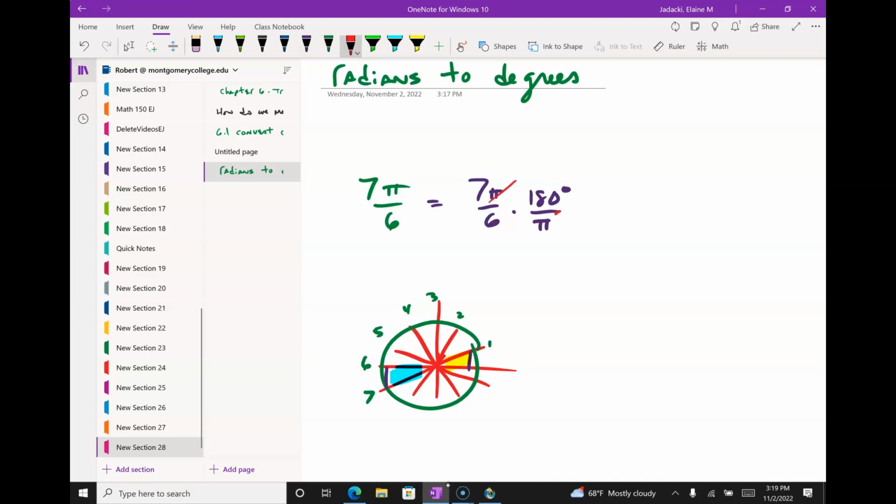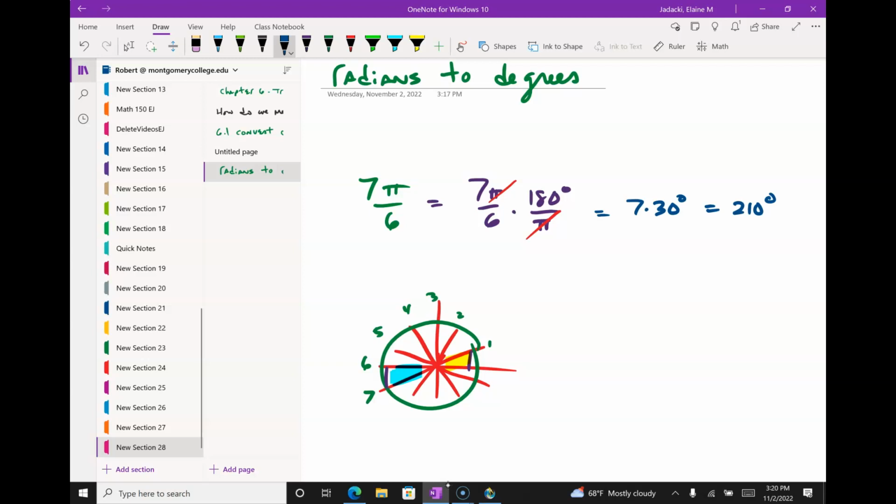The 6 goes into 180 30 times, so it's 210 degrees. How are we doing? We okay?